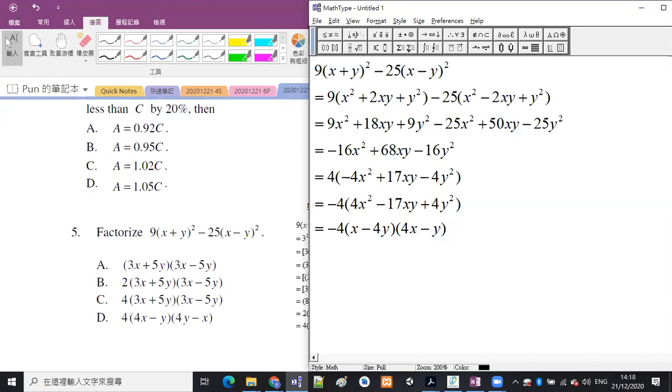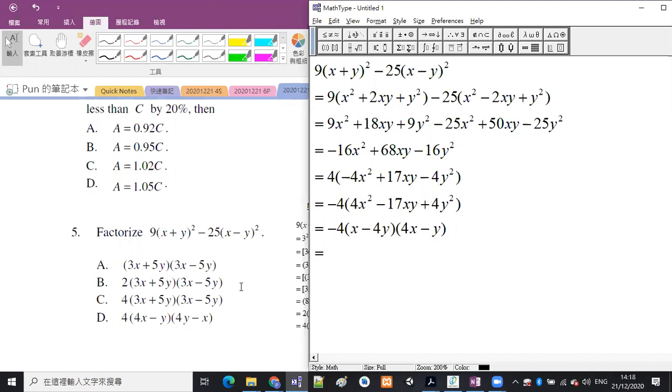Okay, but when you try to find out the options, you'll find that there is no negative sign here. So we will multiply this negative sign into one of the brackets.